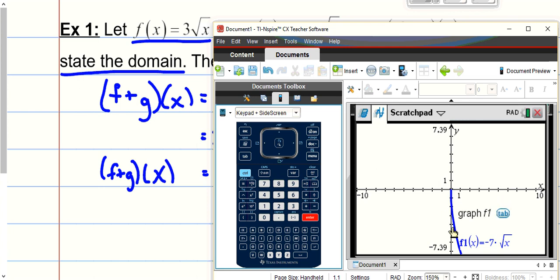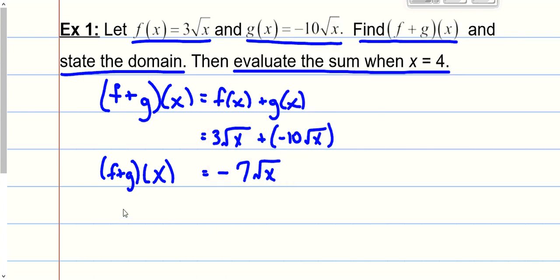So it goes to the right. I'm just looking at the domain, not the range, but it goes from 0 over to the right. So that tells me that my domain is going to be x is greater than or equal to 0 because it starts at 0 and goes to the right.